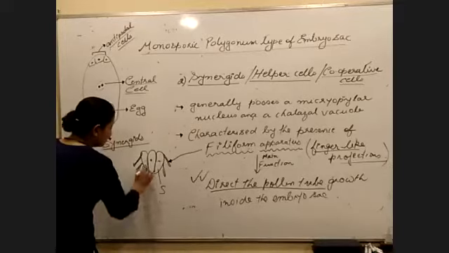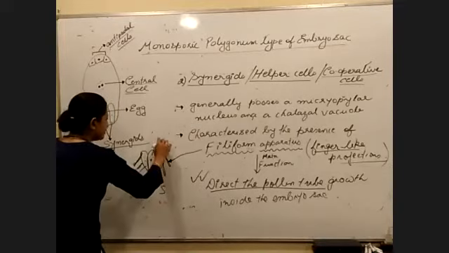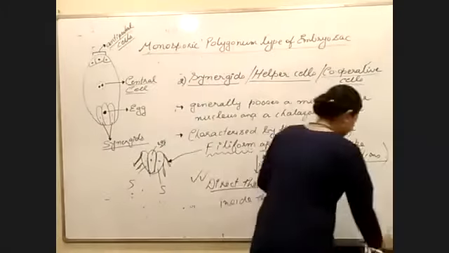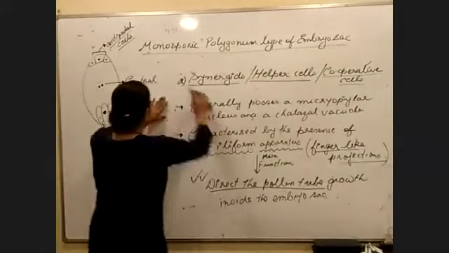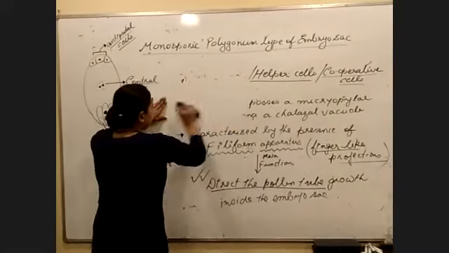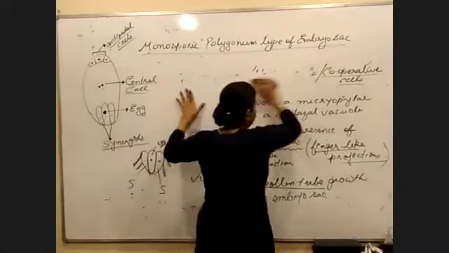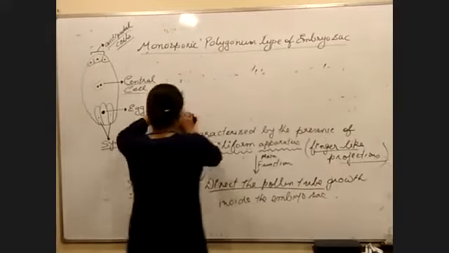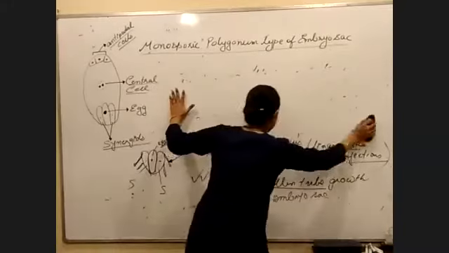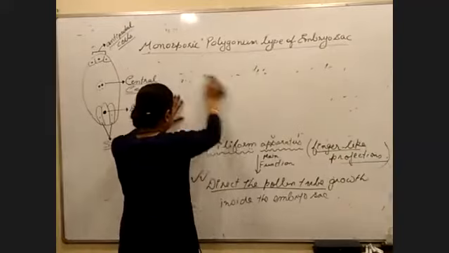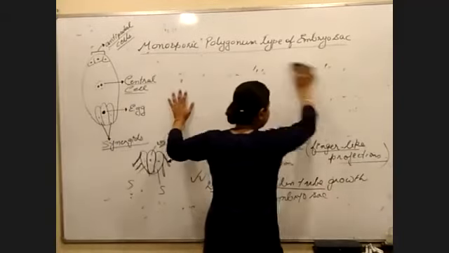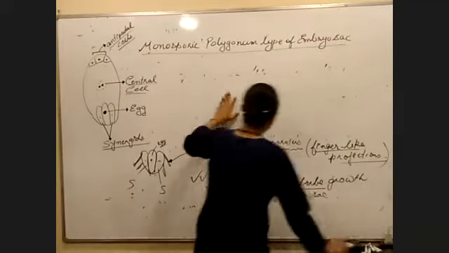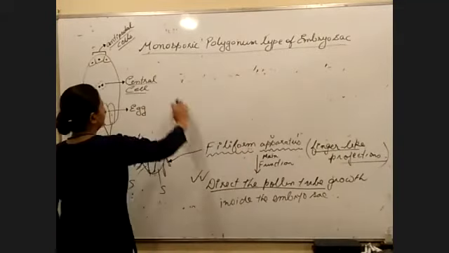This is the synergid, and this is the egg. Another question: the filiform apparatus is a characteristic of which cell? This is a characteristic of the synergid.